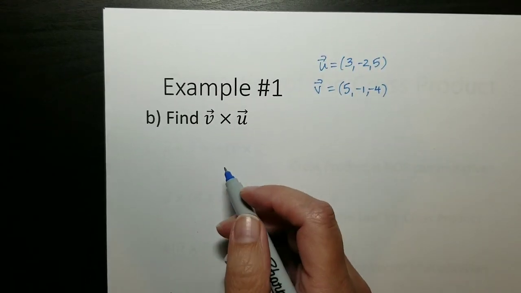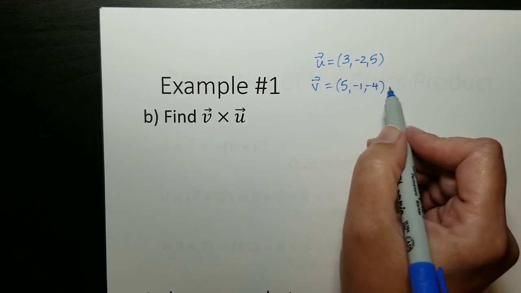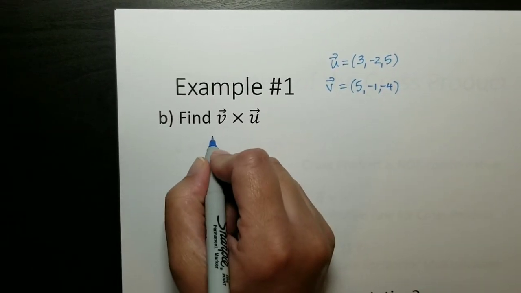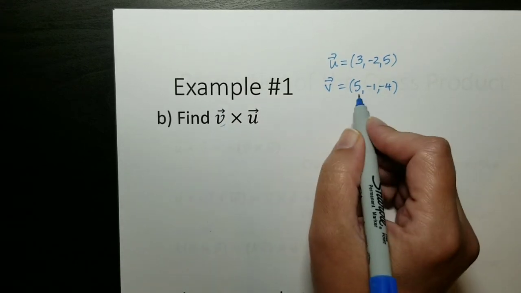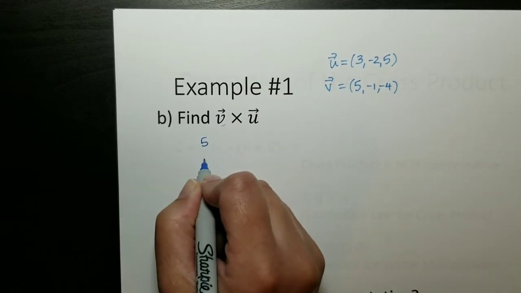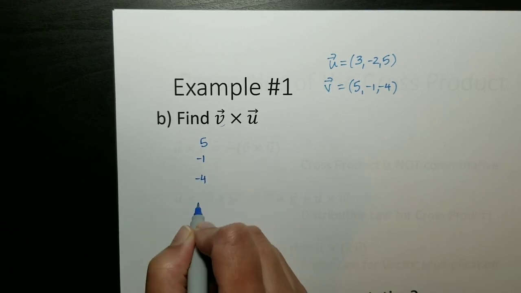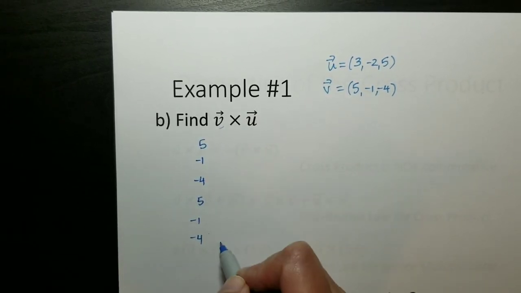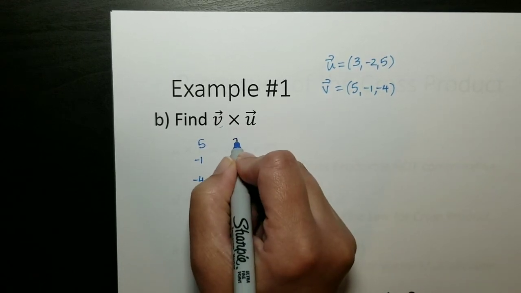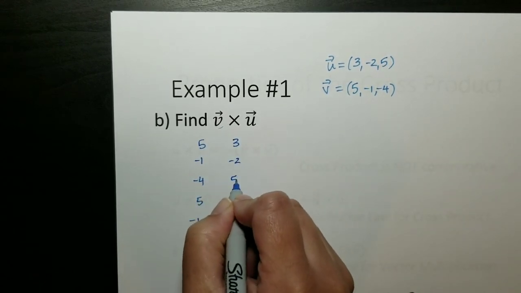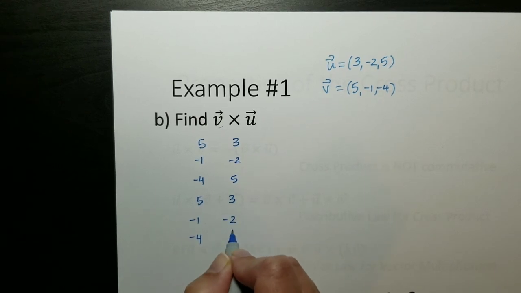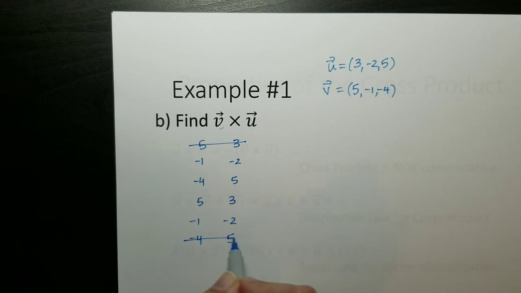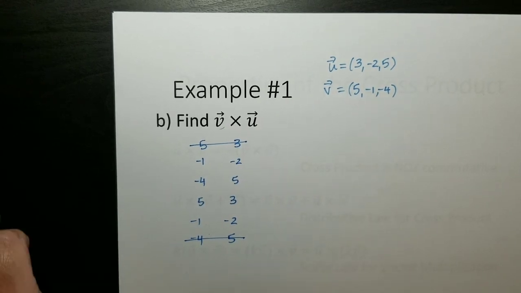So again, following my technique of not ever memorizing things if I don't have to, I'm going to write the first vector down twice vertically. So 5, -1, -4, 5, -1, -4. And then I write the second vector down twice on the right hand side. 3, -2, 5, 3, -2, 5. And I cross out the top row and the bottom row because I wrote them down for no reason.